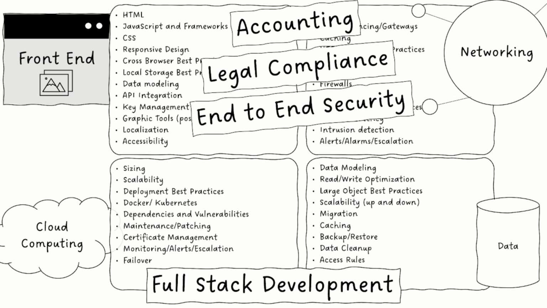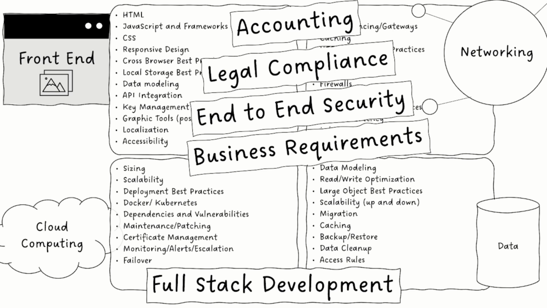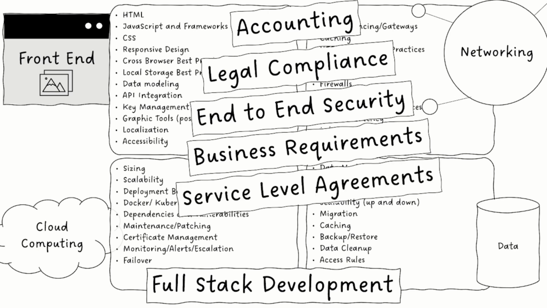You have to think about security, which is something I talk about all the time, but the security is something that weaves through all of this. And then the business requirements have to be articulated and followed. And that idea of taking a business requirement and turning it into a technical deliverable for these different areas becomes a bit complicated.